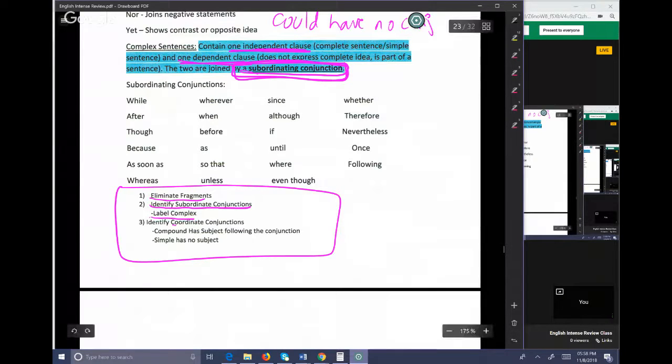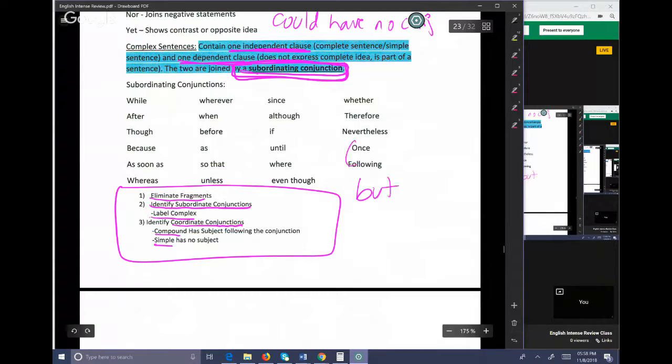Then we look for coordinate conjunctions, because that could identify a compound or a simple sentence. There's one big difference. So if you do identify that you have two or maybe even three sentences that have coordinate conjunctions, the ones that are compound will have a subject that immediately follows the conjunction.